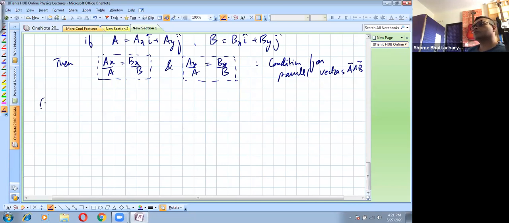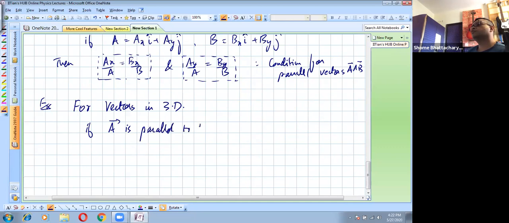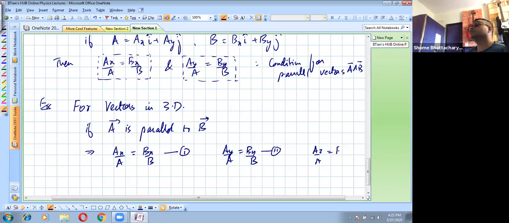So for vectors in 3D, if A is parallel to B, it implies that Ax upon A is equal to Bx upon B, Ay upon A is equal to By upon B, and Az upon A is equal to Bz upon B. So all three equations have to be simultaneously satisfied.